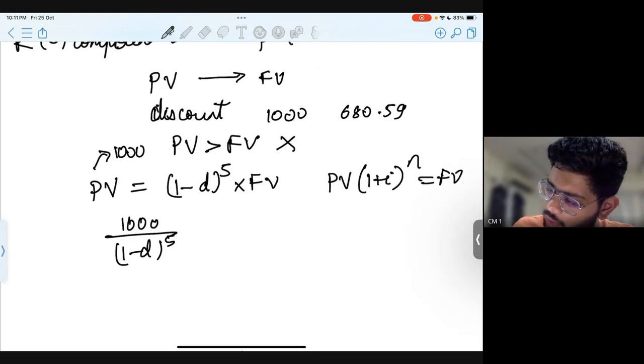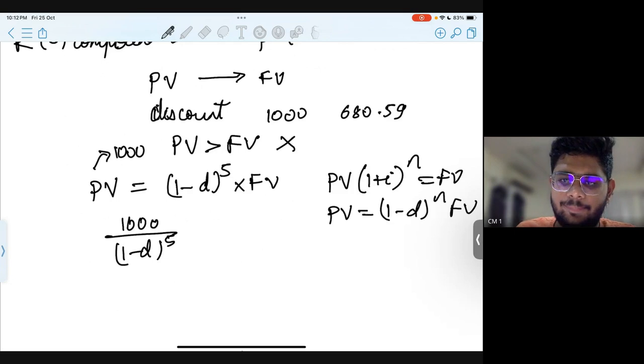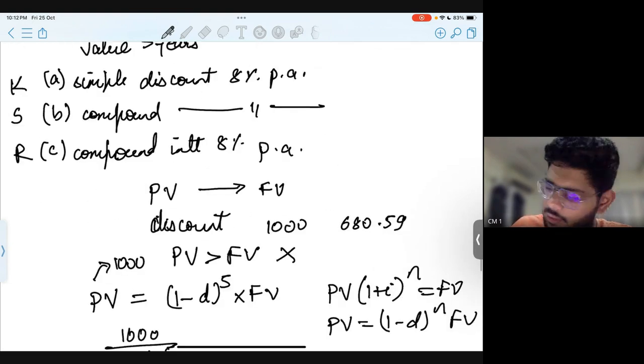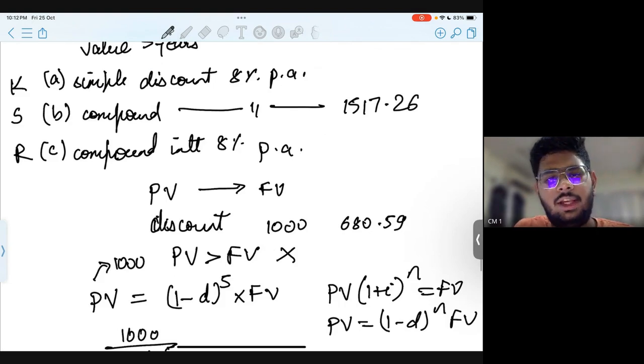When we are doing discount, we are doing PV is equal to 1 minus d whole power n times FV. Okay, so this will be 1000 divided by 0.92 whole power 5, 0.92 whole power 5. So this is equal to 1517.26. Okay, okay.